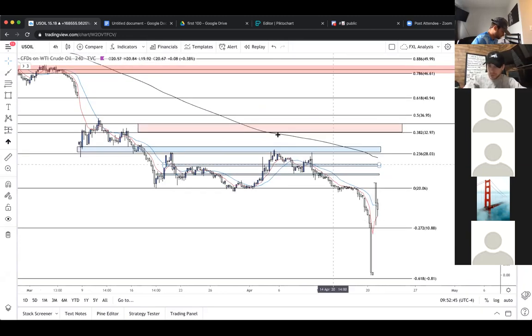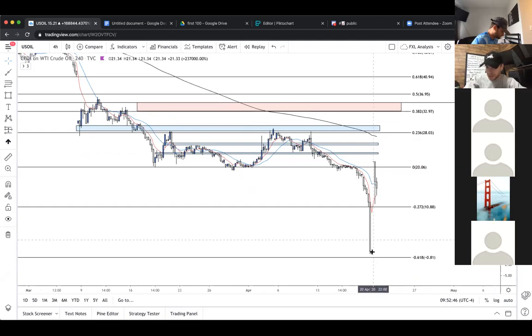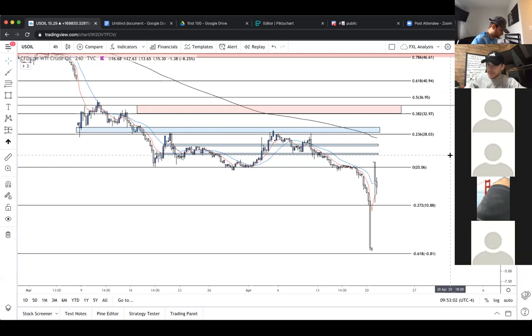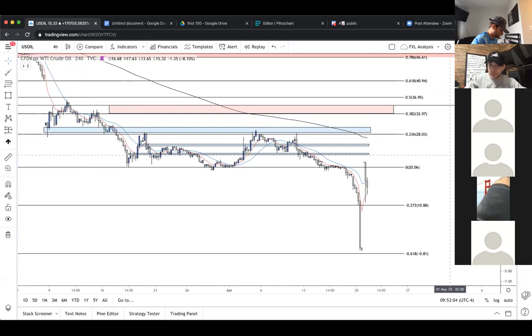This was a good analysis, and we actually saw this gap higher. It gapped from pretty much negative to $20 a barrel. So super manipulated, guys. I would just be careful trading oil. It's probably going to be like this for quite a while as things clear up. But yeah, this was interesting.